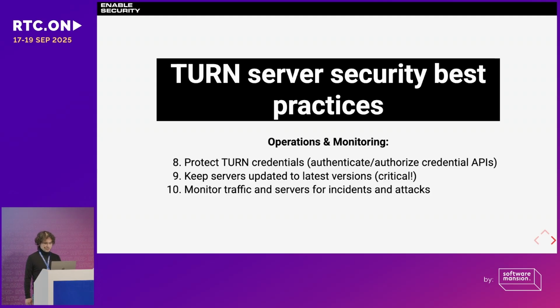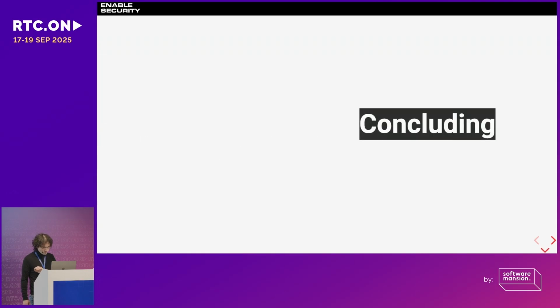You could have authentication there and keep them up to date, like I said before, and monitor traffic and servers for incidents and attacks. Of course, if you log too much, you could introduce denial of service. So watch out how you do that, but I think it's important to be able to trace back attacks.